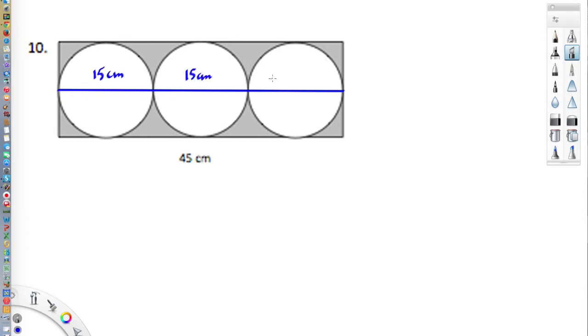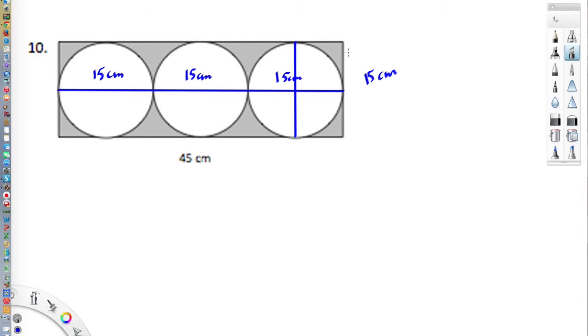Which is very helpful because that then would also tell us the height, because the diameter is the same this way, so the height of this rectangle would be 15 centimeters.